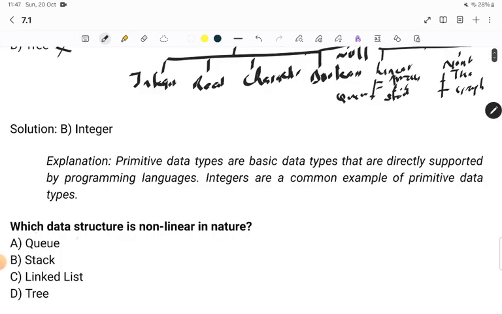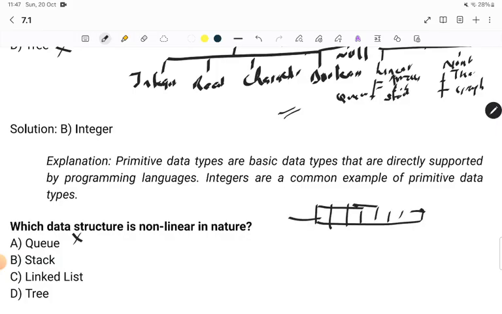Which data structure is non-linear in nature? I have already done this diagram. In non-linear we have tree and graph. Queue is linear. Stack, what is linear and what is non-linear? In linear, the data is inserted or deleted in a linear form.